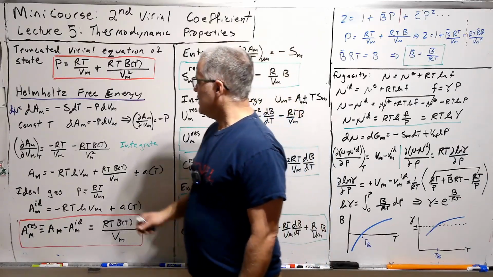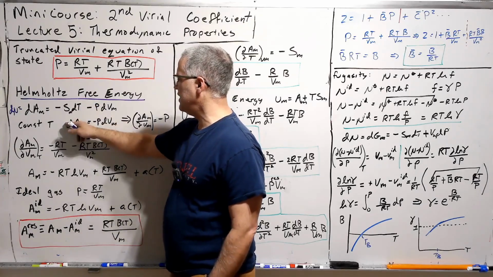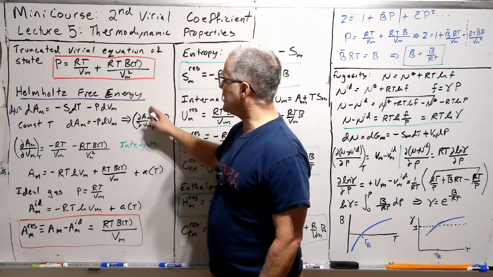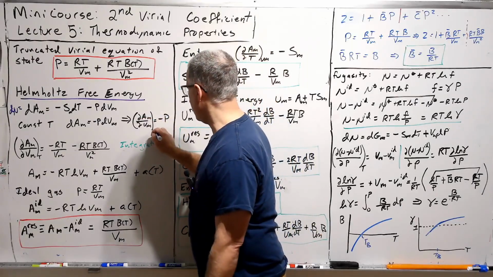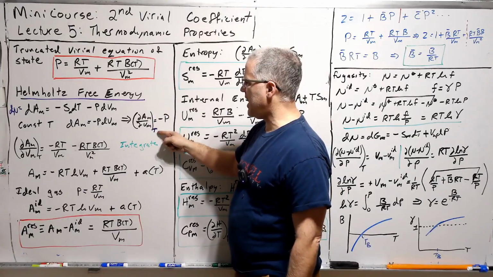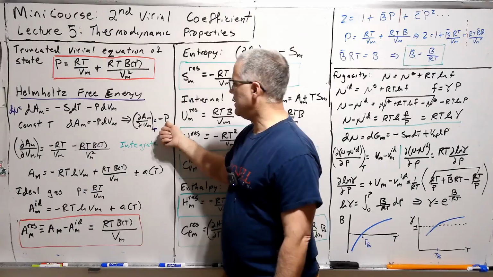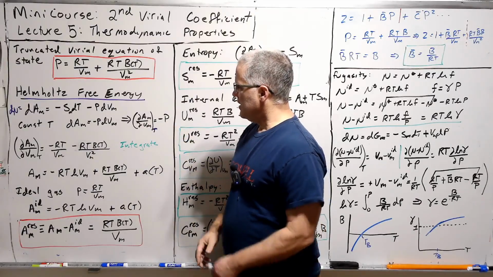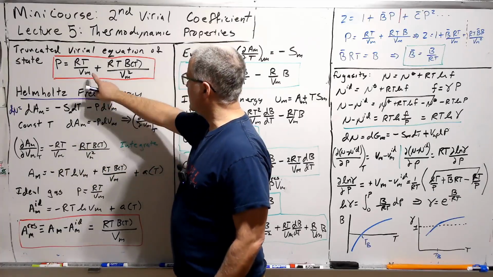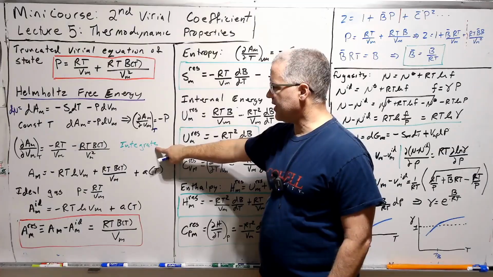Okay. Let's look at this at constant temperature. So this is going to eliminate that term, and we can express this now as dA/dV at constant temperature equals minus P. So we can take this derivative, plug in the virial equation of state, and then integrate that up.